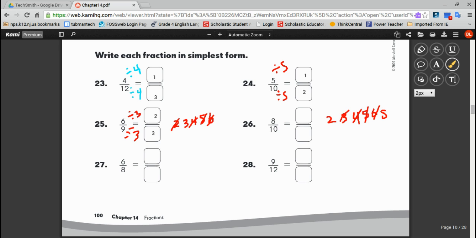I can't do 8 divided by 7. And I can do 8 divided by 8, but I can't do 10 divided by 8, so that doesn't work either. And I can stop there because 8's my number. I can't go higher than 8. So now I know I want to divide by 2. 8 divided by 2 is 4, and 10 divided by 2 is 5.